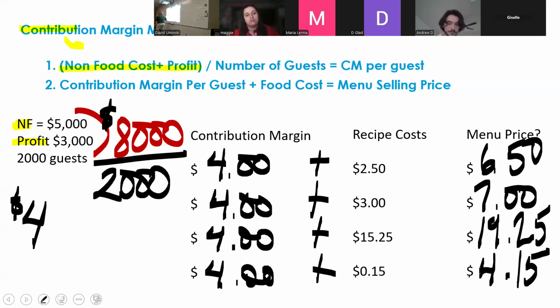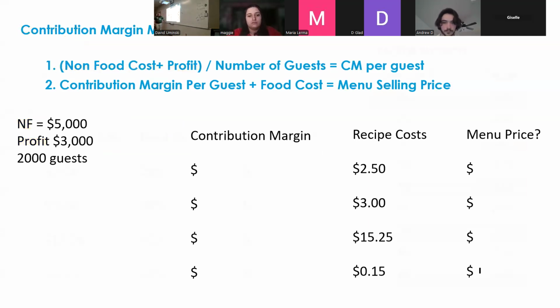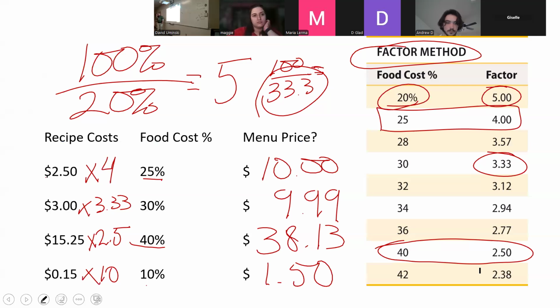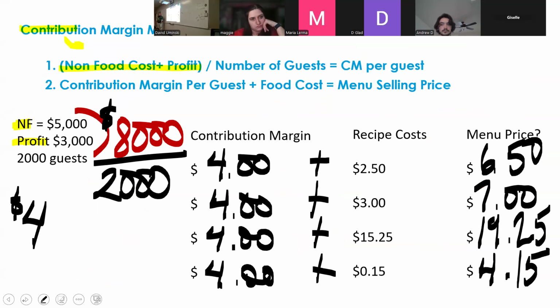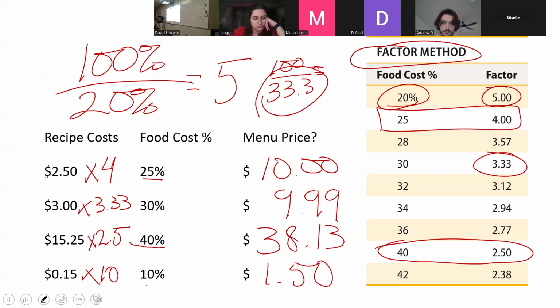So between the contribution margin and our factor method, which two items have the most drastic difference in price? Looking at the total price from our factors and the total price from our contribution margin, which item, 1, 2, 3, or 4?